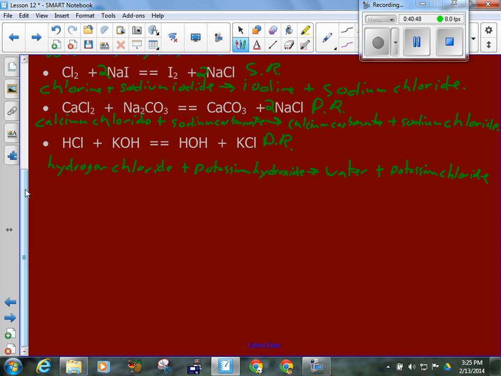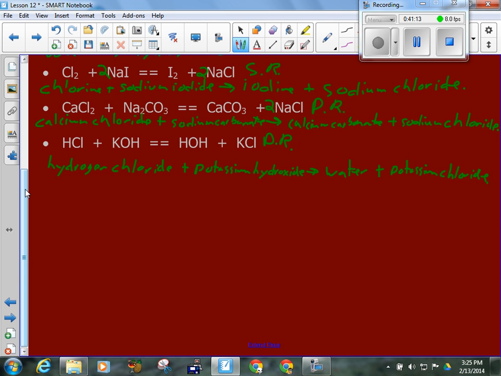Now, for the balancing, this one's balanced already. How do I know that? Just by looking at it. There are no little numbers, no subscript numbers. That means everything in there is a 1. And if everything is a 1, everything is balanced. So anytime you see a reaction with no little numbers, you're done.